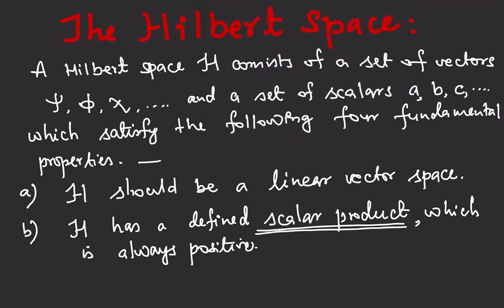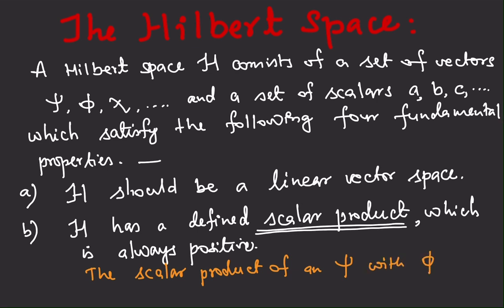If we take the scalar product of an element psi with another element phi, it is defined and denoted by the bracket psi comma phi.